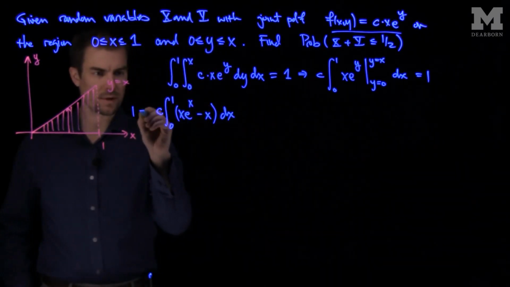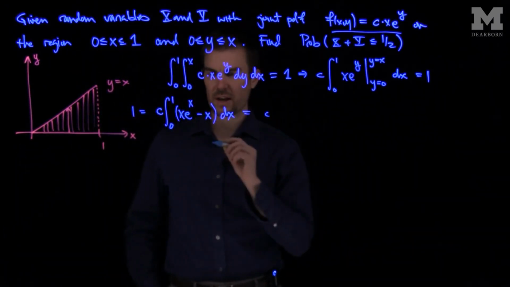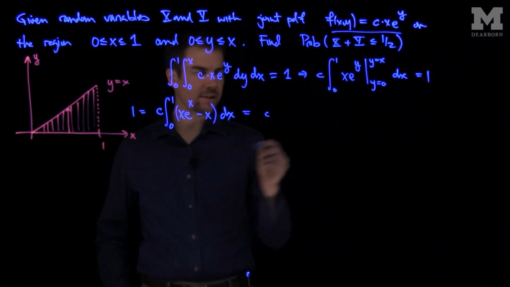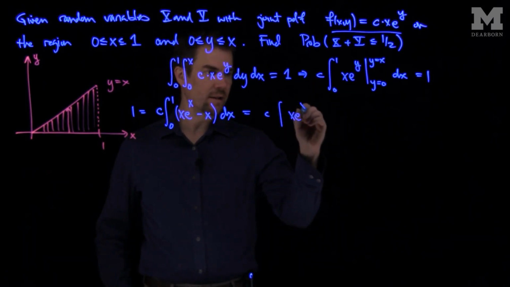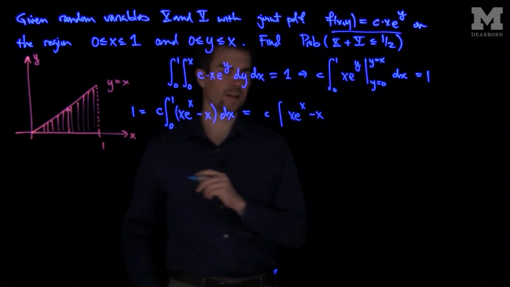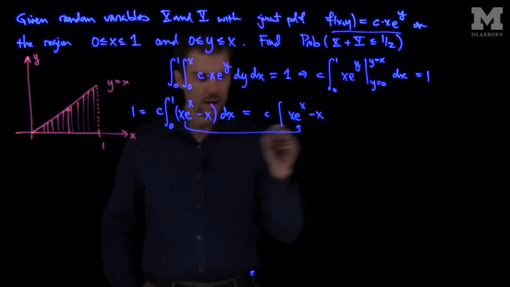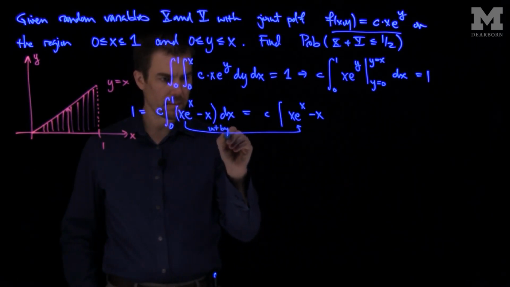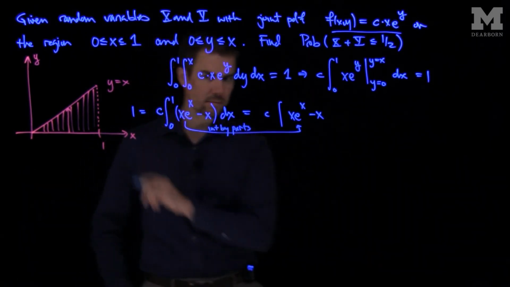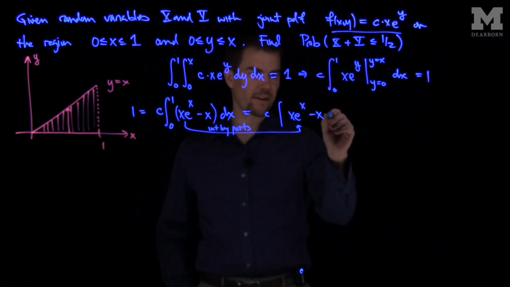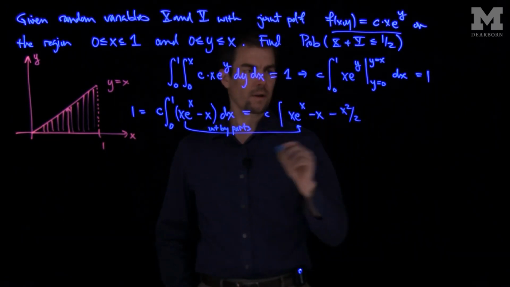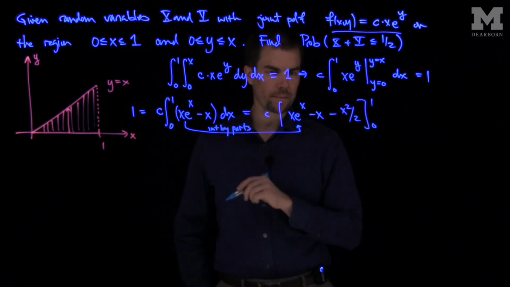The antiderivative of x e to the x is going to be x e to the x minus x, as we can check, and this just comes from integration by parts. And the integral of negative x is negative x squared over 2. This gets evaluated from 0 to 1.